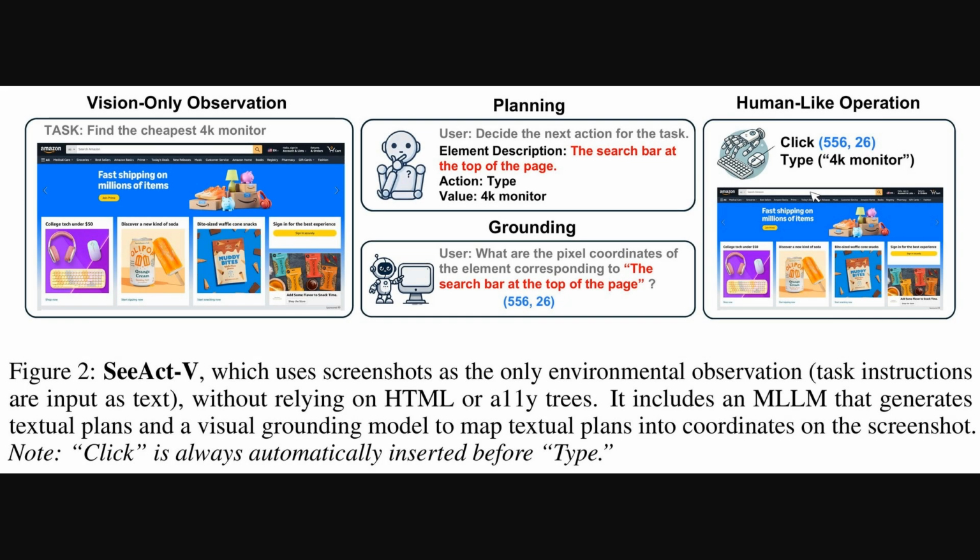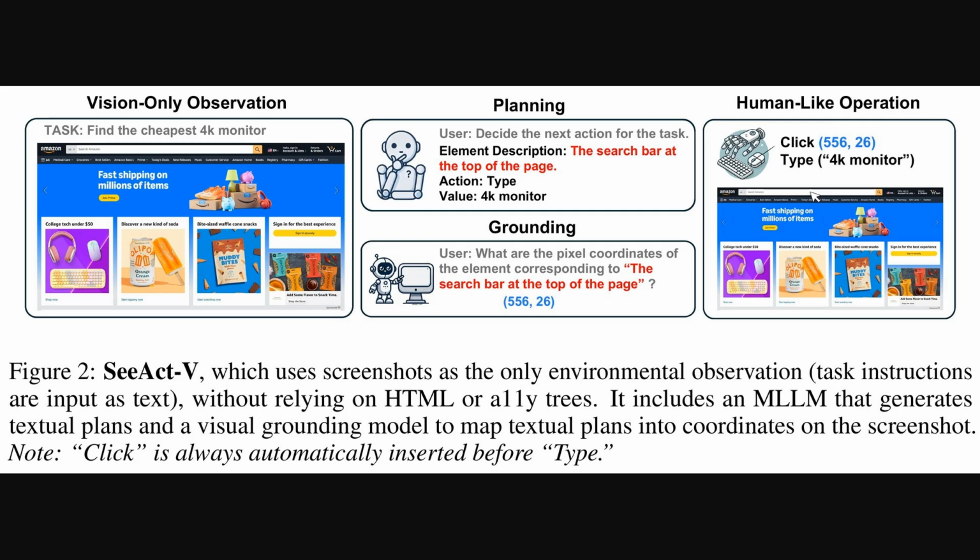Okay, so building on that improved visual grounding, this next figure really illustrates their CACTV framework, which is the vision-only system they developed. It shows a 3-step process. First, vision-only observation, where the agent gets a task, like find the cheapest 4K monitor, and just sees the screen.